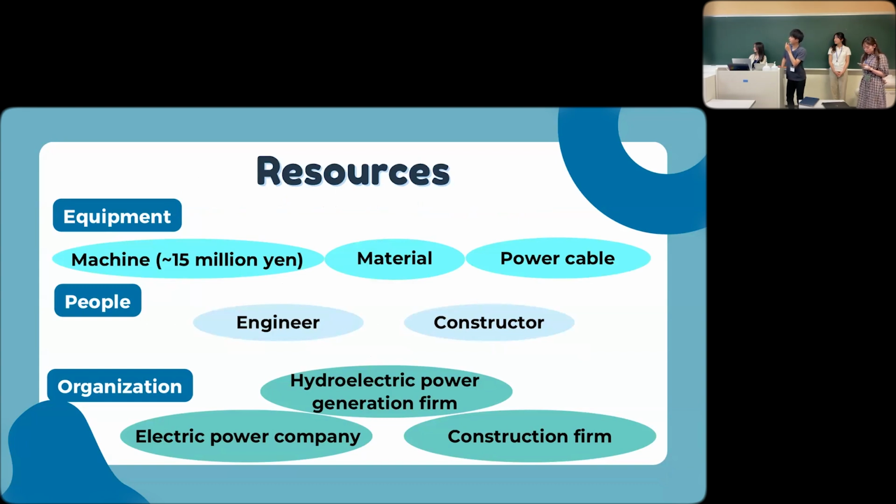And as for power cable, we need it because we have to send some electricity to other places. And as for people, we have to cooperate with engineers and constructors. And as for organizations, we also have to contact a hydroelectric power generation firm, an electric power company, and a construction firm.